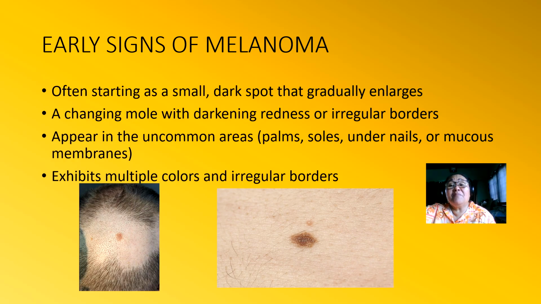Because melanoma can resemble harmless skin conditions such as freckles, age spots, and rashes, it is important to look for warning signs. Unlike normal moles, melanoma often has irregular borders, uneven colors, and changes over time.